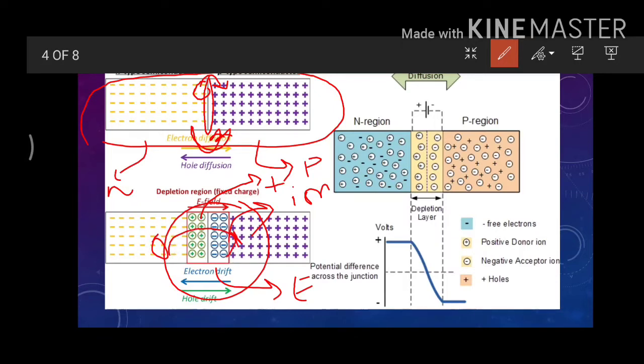When this happens, the depletion region becomes strong enough that it does not let electrons move from n-type to p-type, or holes move from p-type to n-type.